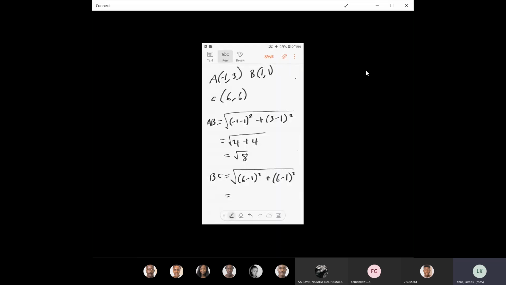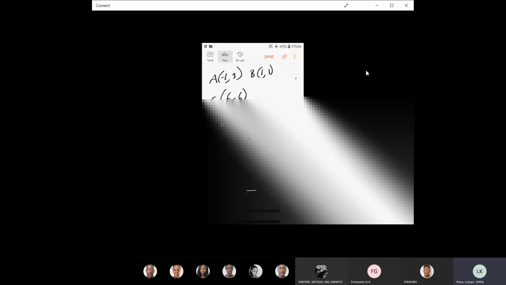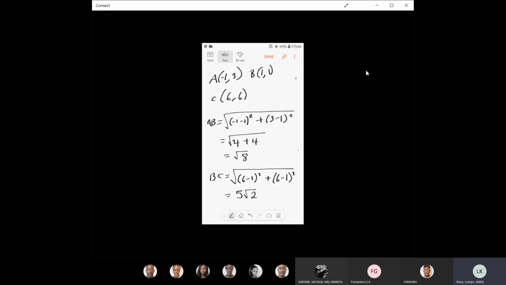This is equal to 5 square root of 2. So 6 minus 1 is 5. 5 squared is 25. The same thing over here, this is 25. 25 plus 25 is 50. The square root of 50 is the same as the square root of 25 times 2. Square root of 25 is 5.